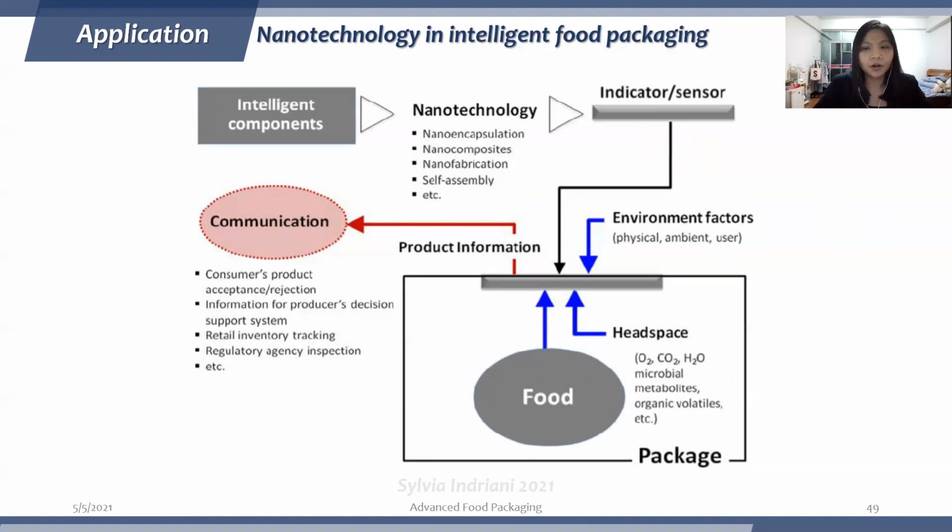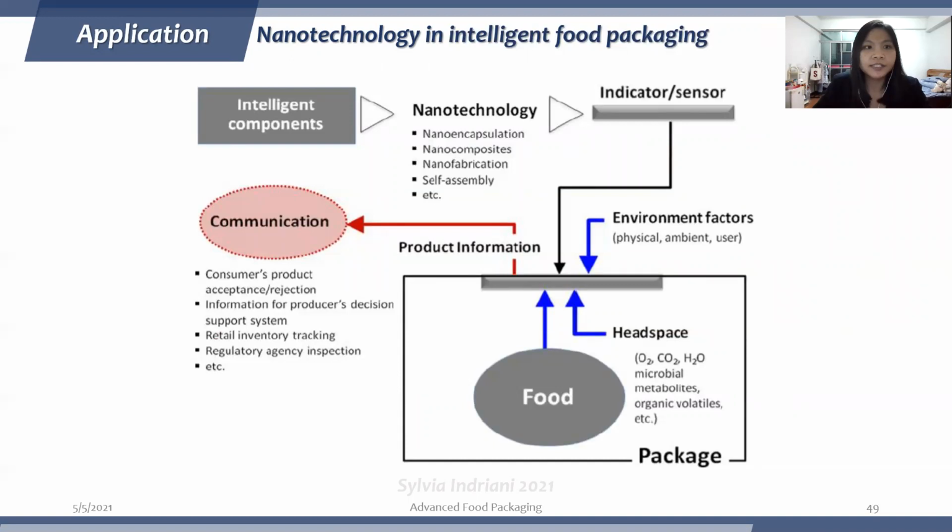The indicator or sensor fabricated using suitable nanotechnology can interact with internal factors such as food components and headspace species. And the internal factors will interact with external environmental factors, with the blue arrow there.